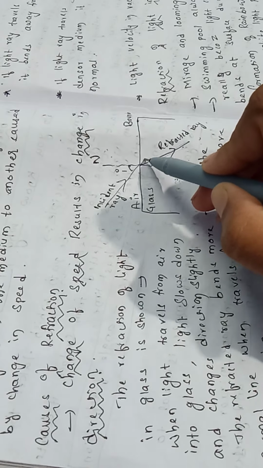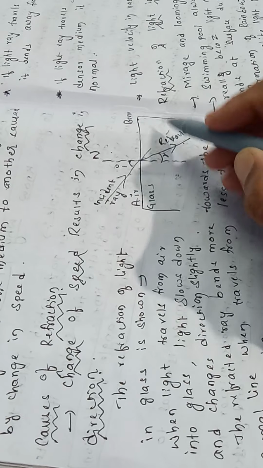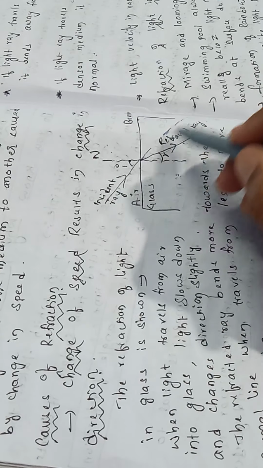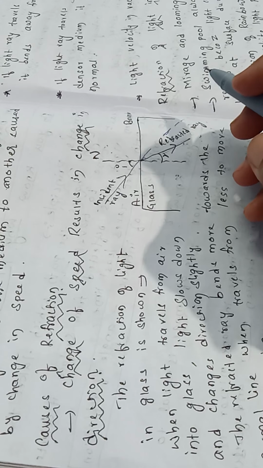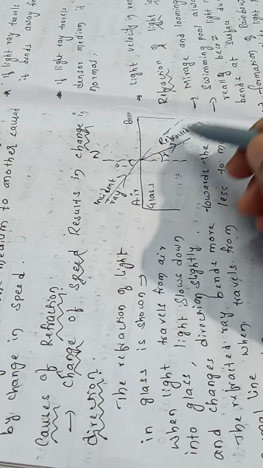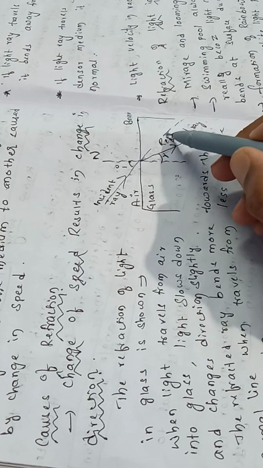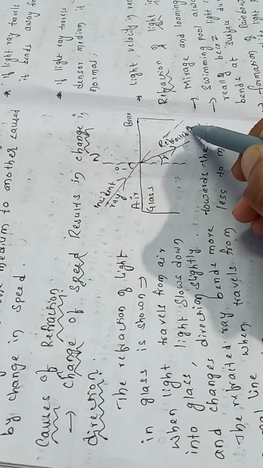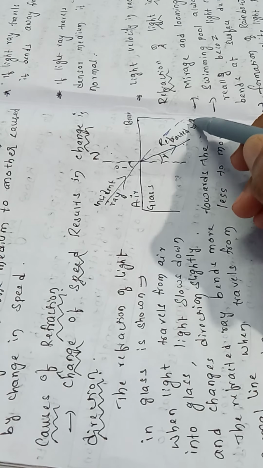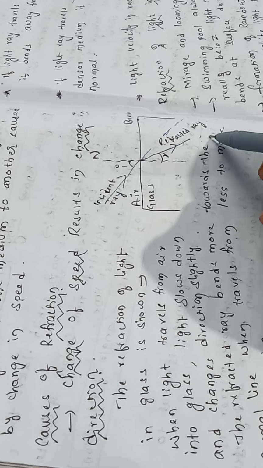Actually, if a denser medium is not present, the light has to move in a straight path, because light moves in a straight path. But in the denser medium, instead of moving along this path, it changes its direction.